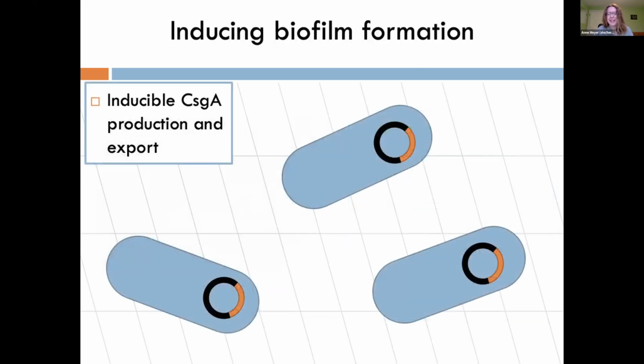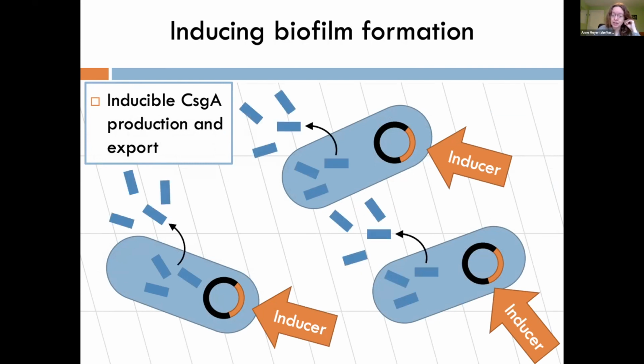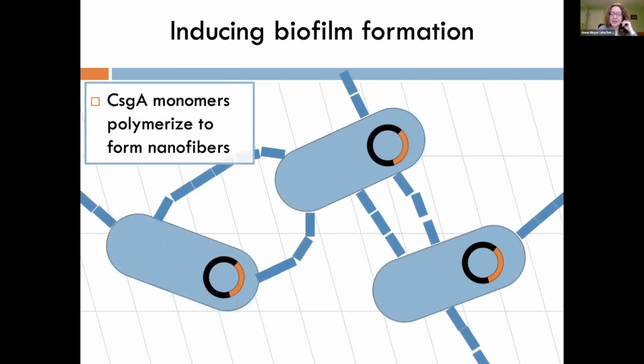So what's our approach? Our idea is to 3D print bacteria; in this case we're 3D printing E. coli that have been engineered to express a certain protein. After printing, the inducer molecule diffuses in and induces production of the CsgA protein, which E. coli will naturally export, whereupon it will spontaneously form long fibrils called curli fibers, if you've heard of curli fibers.